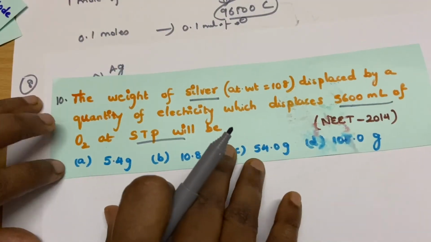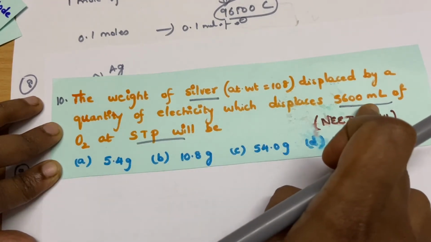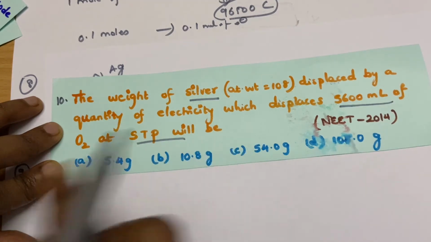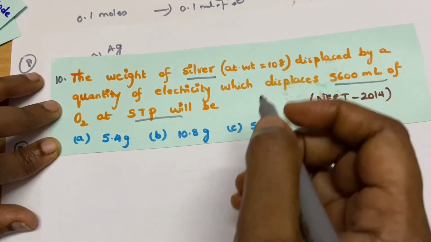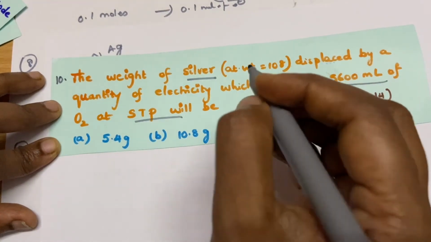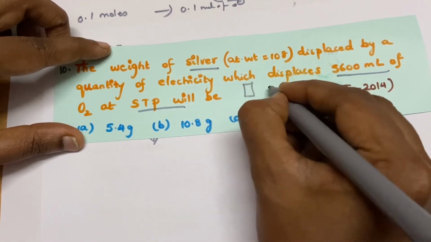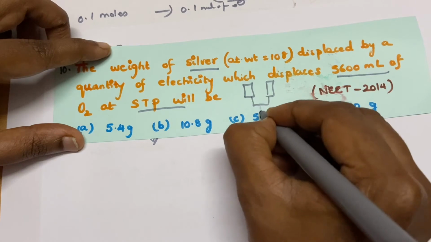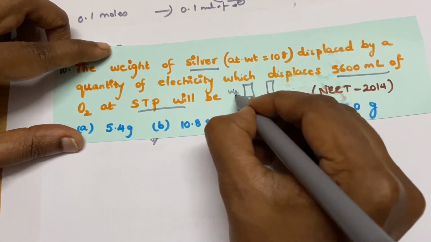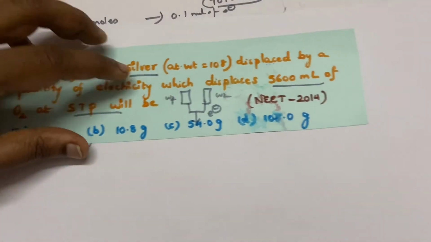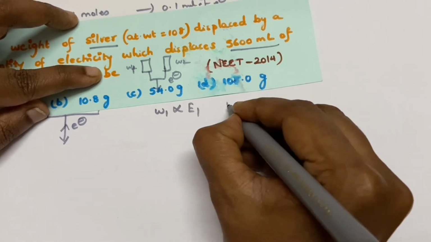So, next question: the weight of silver displaced by a quantity of electricity which displaces 5600 ml of oxygen at STP will be? This question is based on Faraday's second law. What does Faraday's second law tell us? When we have two different materials and we pass the same amount of current through them in parallel, the weight of the material displaced will be proportional to its equivalent mass.